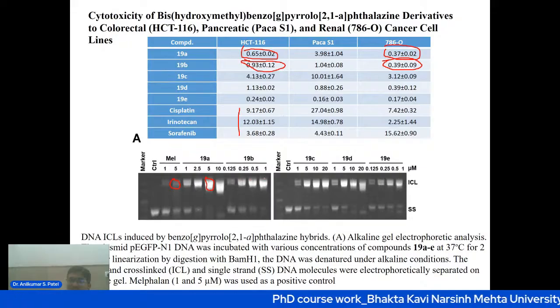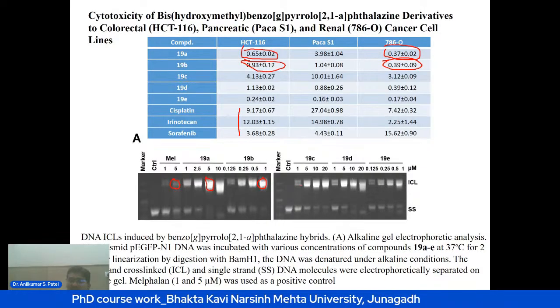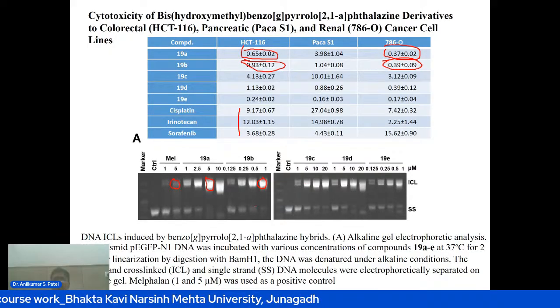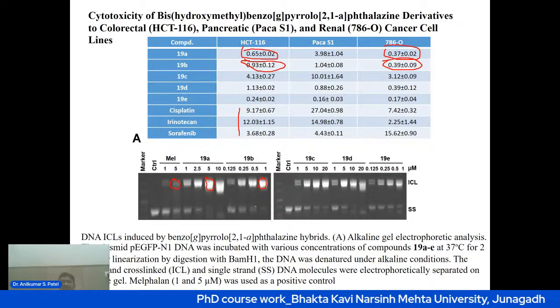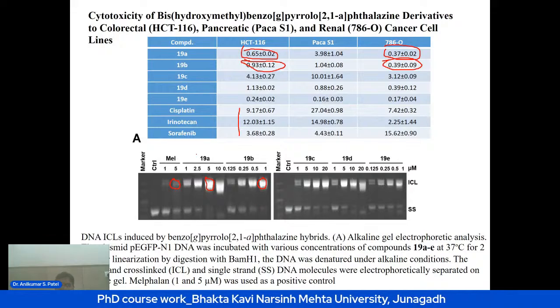Similarly, at 1 micromolar, compound 19B gives very good interstrand cross-linking. So the interstrand cross-linking studies through alkaline gel electrophoretic analysis give a very good result, showing that they produce DNA cross-linking.